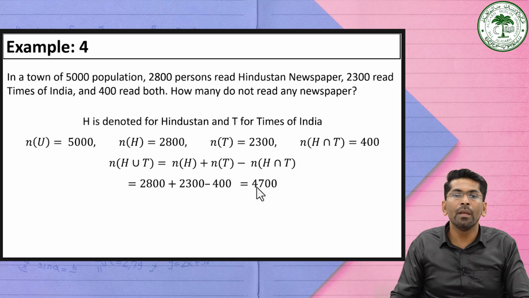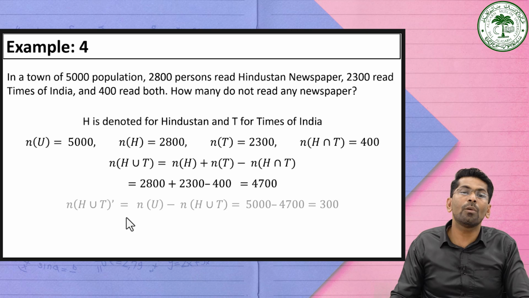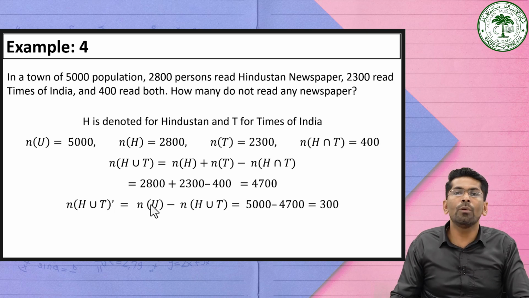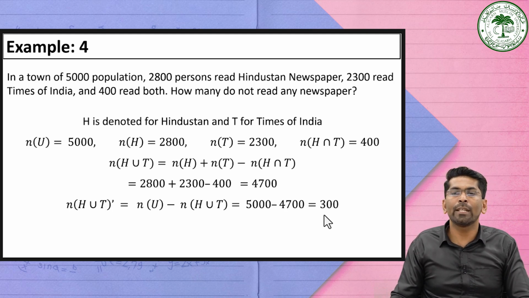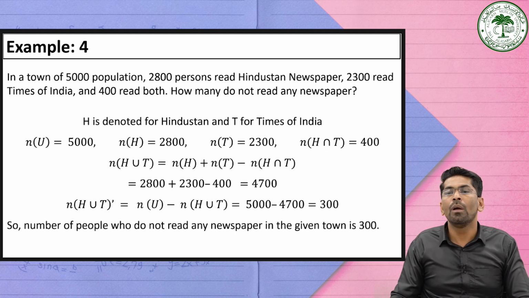So here we want the number of elements in (H union T) complement, which is equal to the number of elements in the universal set minus the number of elements in H union T. Our population, the universal set, is 5,000, minus those people reading any of the newspapers, which is 4,700. So it is equal to 300. And this 300 shows the number of people who do not read any newspaper in the given town.